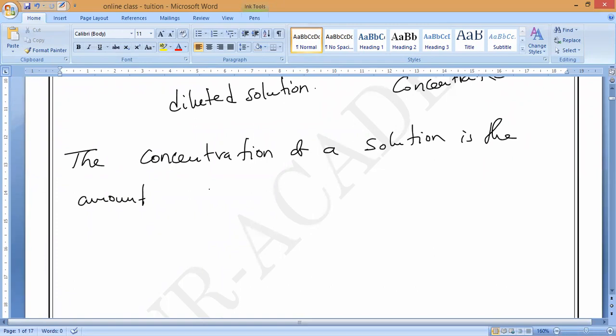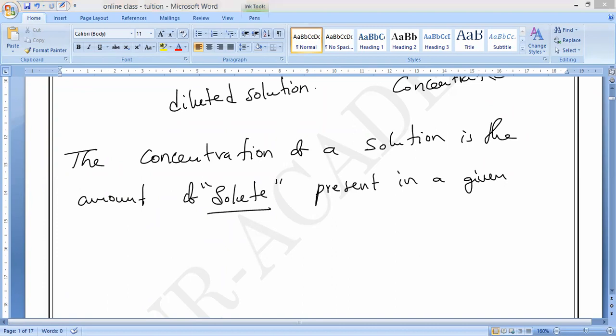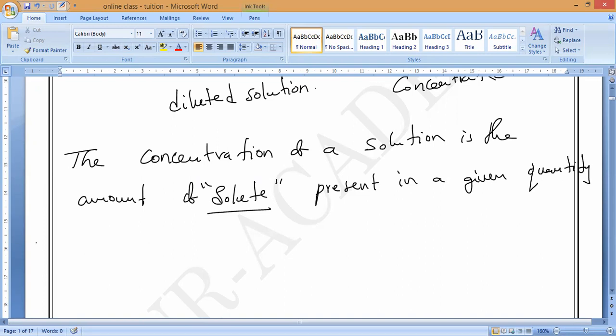So the concentration of a solution is the amount of solute present in a given quantity of solution. Understand? Yes or no?